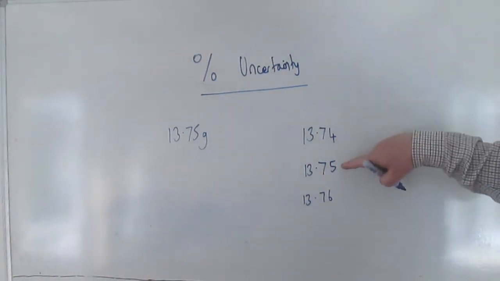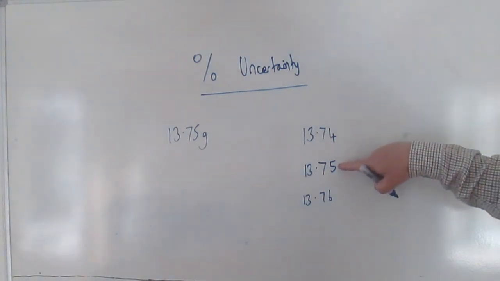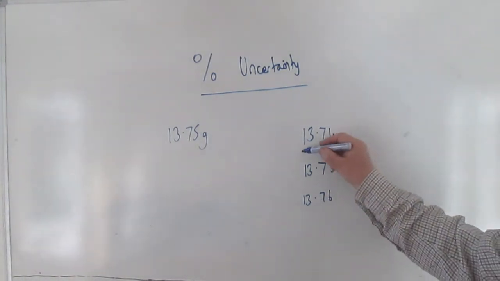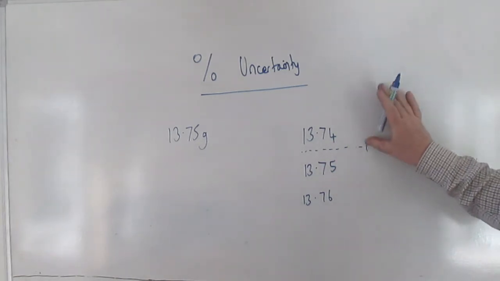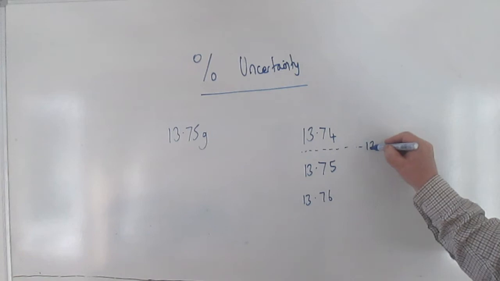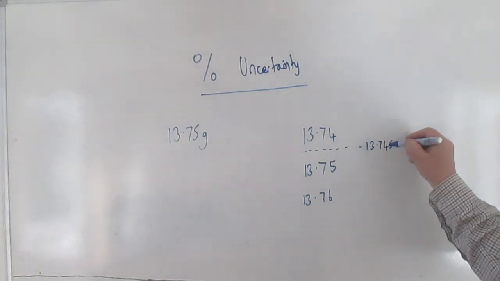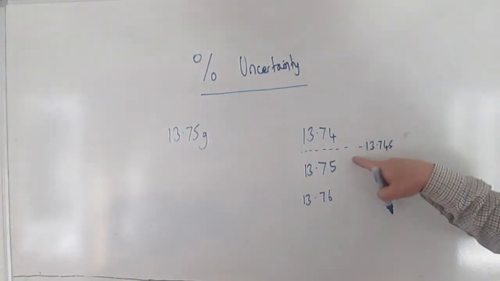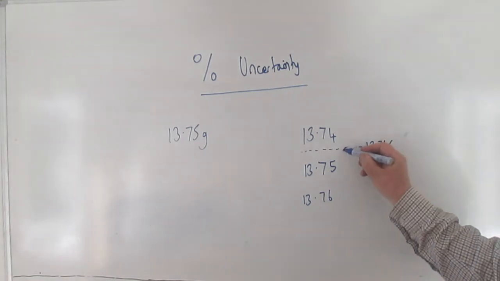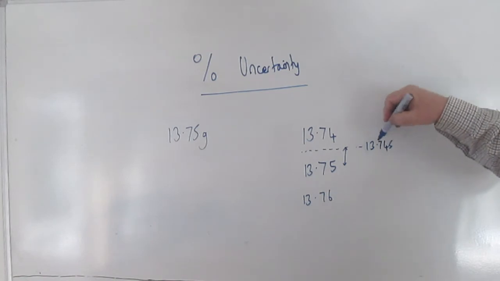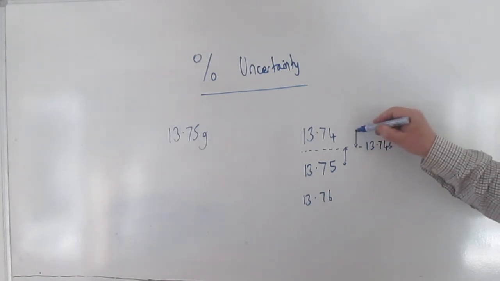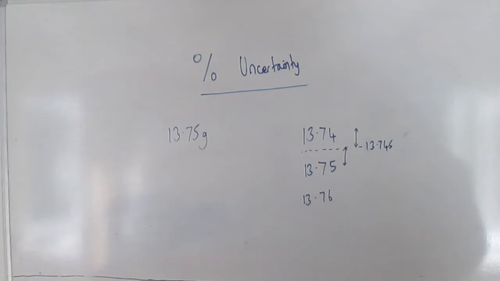And of course the real mass could be anywhere in between there and there, or in between there and there, but we can see that there's a sort of dividing line. So if the real mass was 13.745, anything there or above would round up to 13.75, but anything that was smaller than that would round down to 13.74.